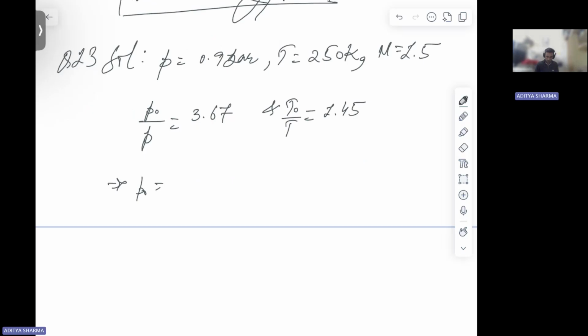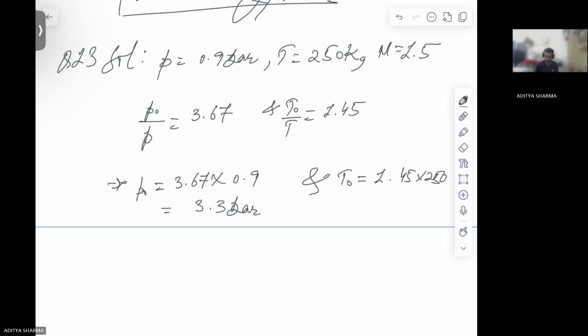Implies P naught equals 3.67 into 0.9. So this will come out to be 3.3 bar. And T naught is equal to 1.45 into 250. So this will come out to be 362.5 Kelvin.